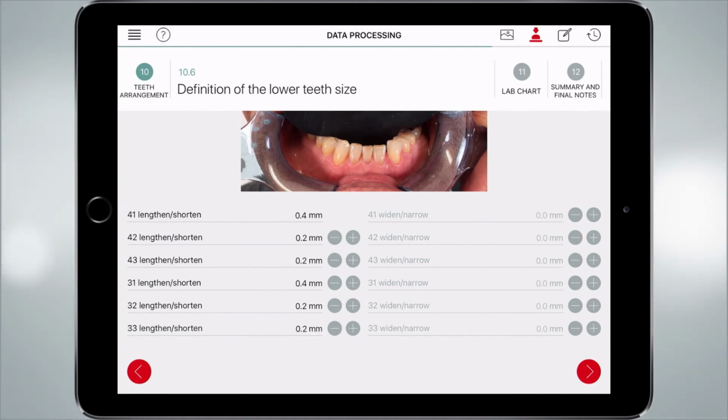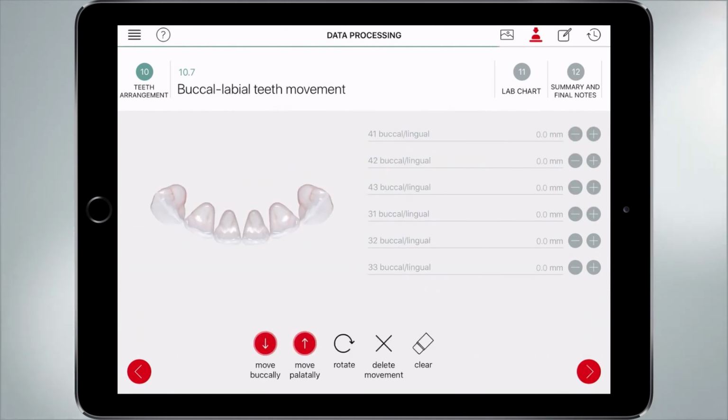So more or less we don't need to also change the width because you have not enough space to do it. So now we can again move from step 10.6 to step 10.7.